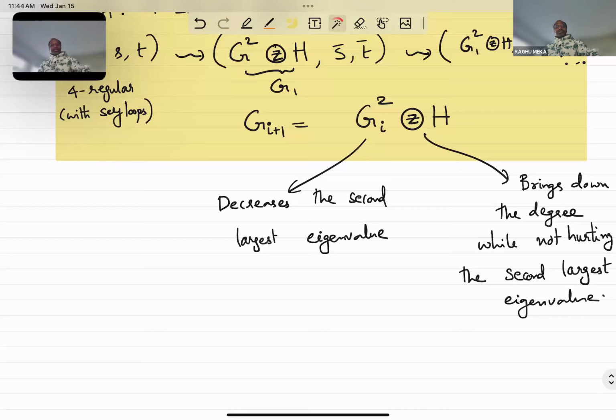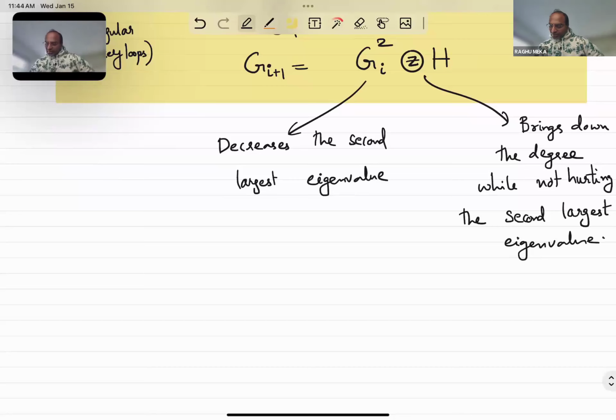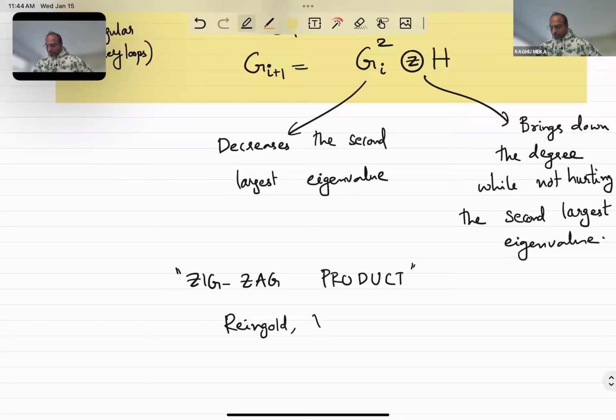And in the next lecture, when we come back, we will talk about this really beautiful idea called zigzag product, which has found tons of applications since. And this is actually due to Reingold, Vadhan, and Wigderson from 2001.